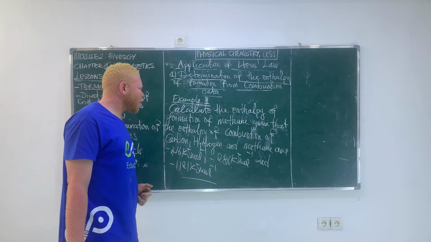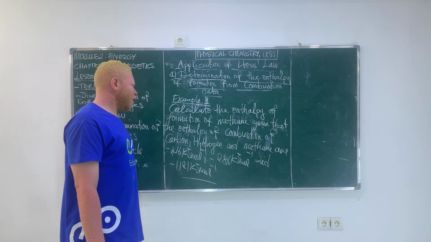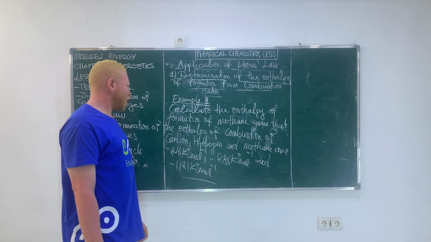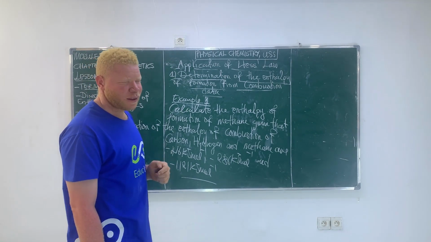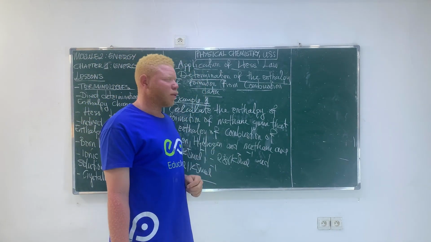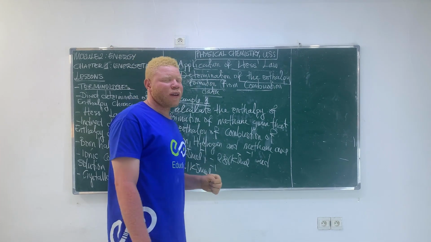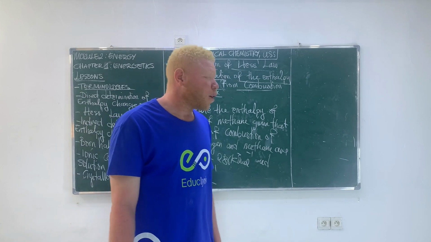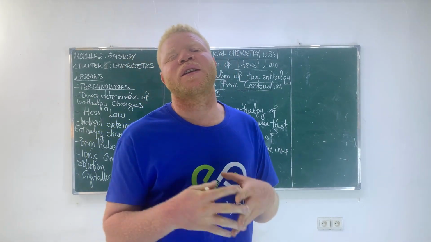Calculate the enthalpy of formation of methane, given that the enthalpy of combustion of carbon, hydrogen, and methane are minus 416 kilojoule per mole, minus 286 kilojoule per mole, and minus 1,121 kilojoule per mole. So I have to take the data here, because whenever they give you a question, you have to take the data.